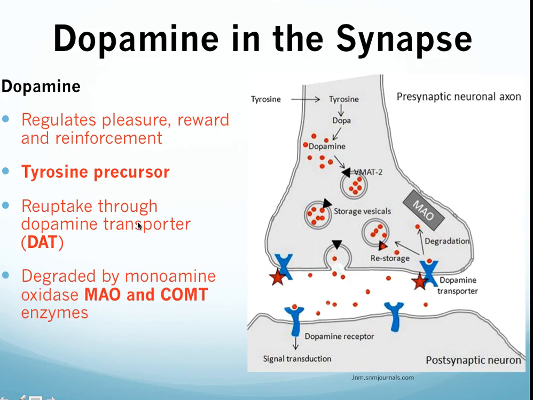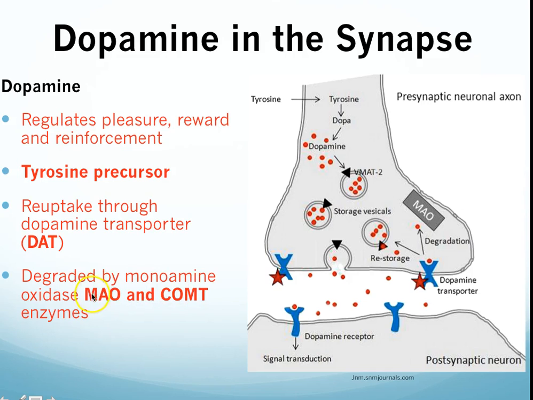If that doesn't happen, it gets degraded, okay? Now there's two different enzymes that do this, and this is actually not only for dopamine, but for all of the monoamines. One is MAO, and the other is COMT. Now, these are both enzymes.